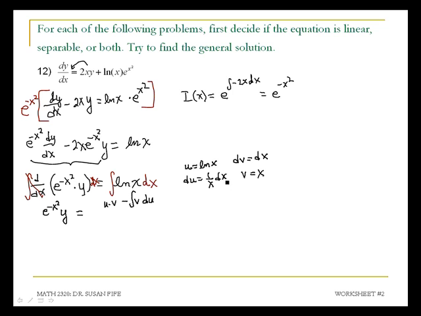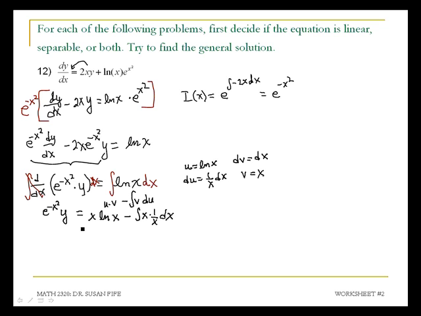That's an integral, where u is natural log of x, v is x, so that gives you x natural log of x minus the integral of v, that's x, du, times 1 over x dx.